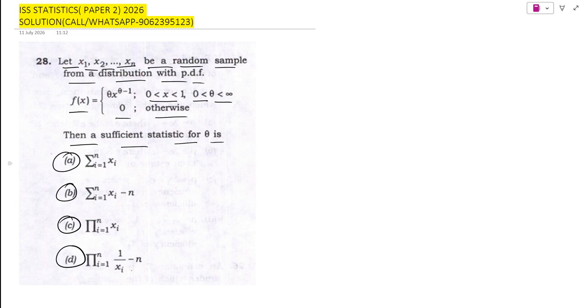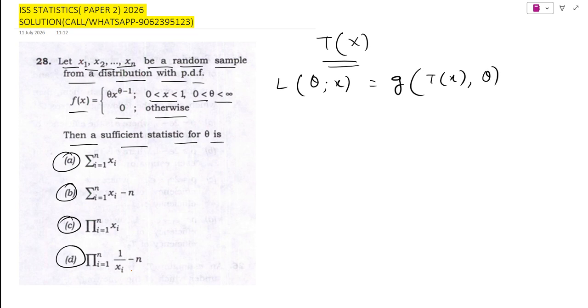Now, before solving the problem, let us first recall one of the most powerful theorems in estimation theory, the factorization theorem. A statistic T of x is sufficient for the parameter theta if the likelihood can be written as G of T of x and theta times H of x, where G contains the parameter and H does not depend on the parameter.